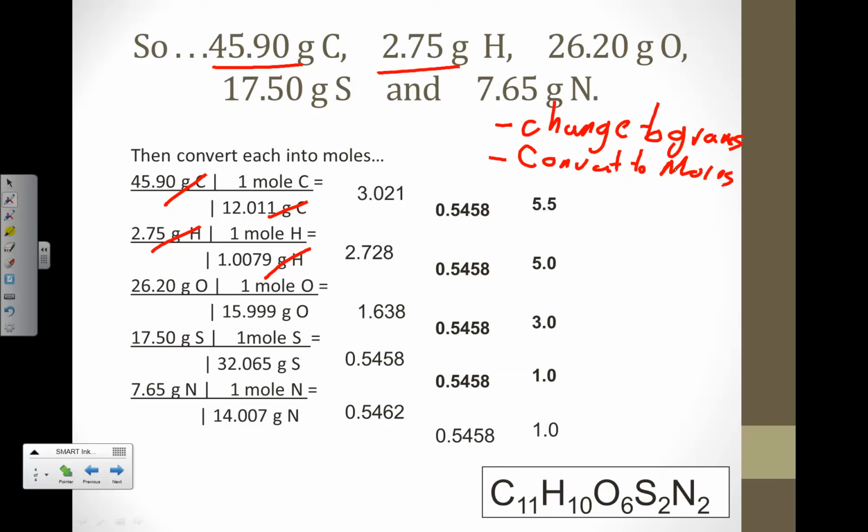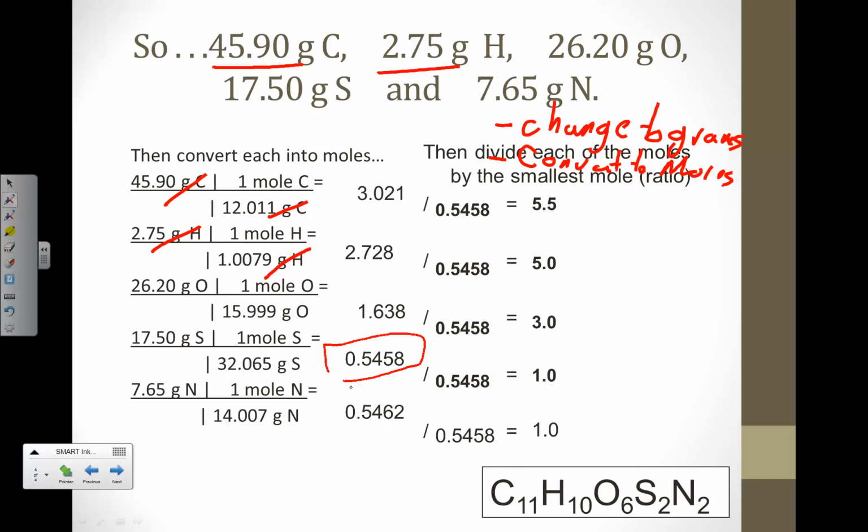Okay, so that's our first two steps: change to grams, convert to moles. Then we divide each of the moles by the smallest amount of moles. So here we look, we had 0.548. That's our smallest mole. So we're going to divide each of those by that same number.